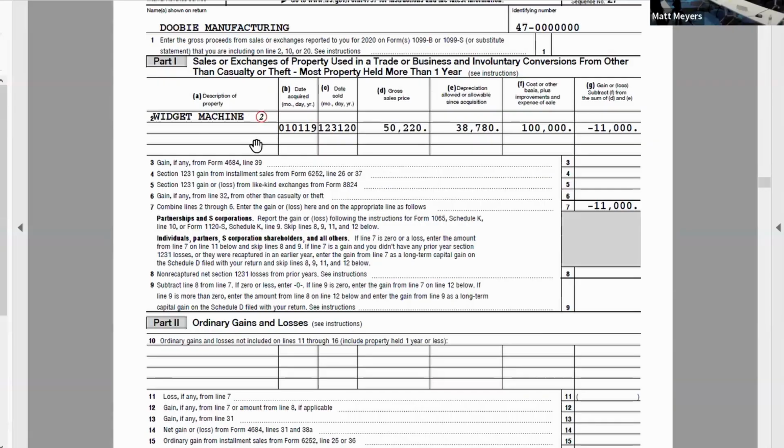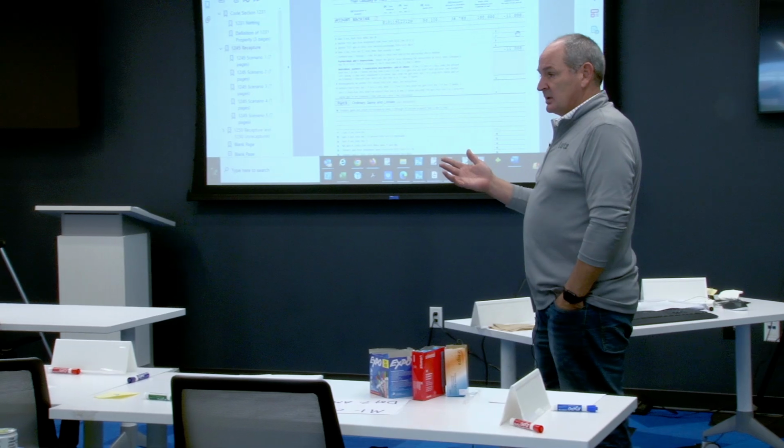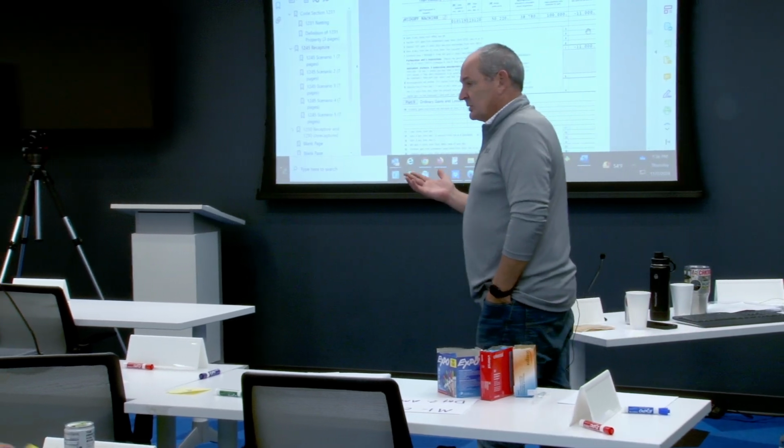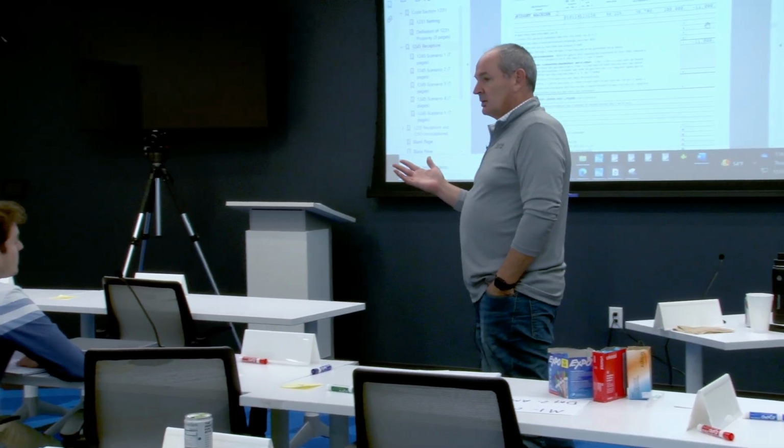So it's an asset that we used in the trader business for more than a year, and we have $11,000 loss. Based on everything that we've said today, where do you suppose this $11,000 go? It's ordinary in treatment. We all agree on that, I think. 1231 losses is ordinary, is it not?